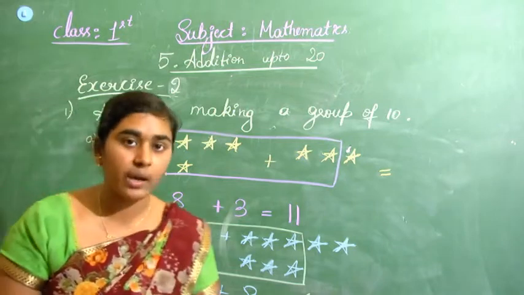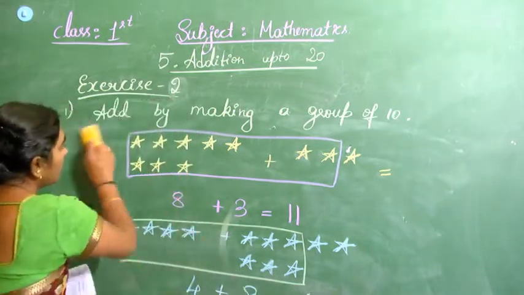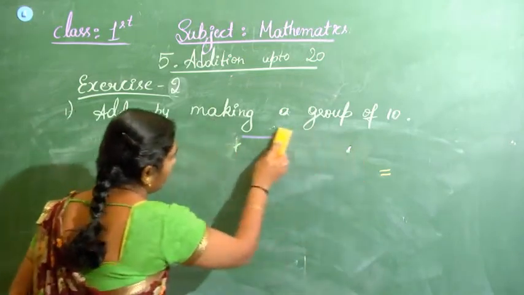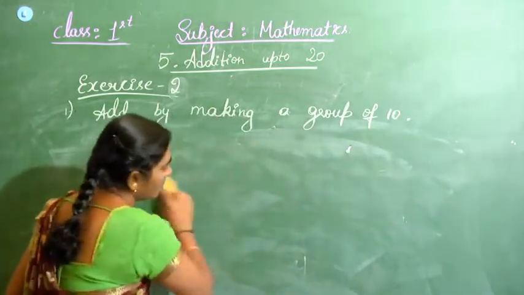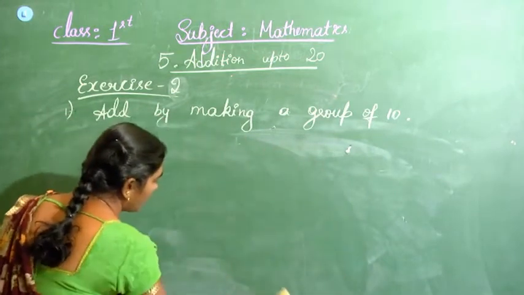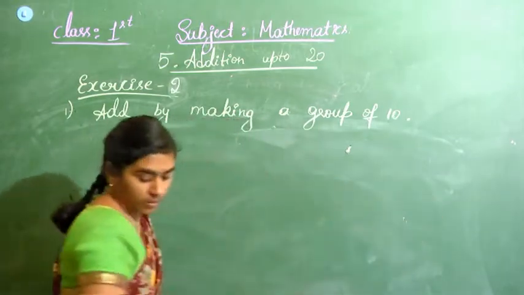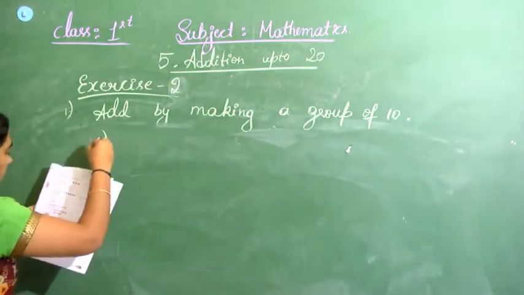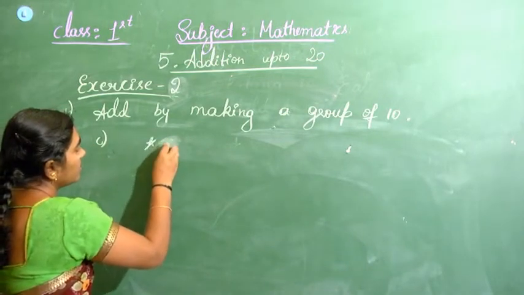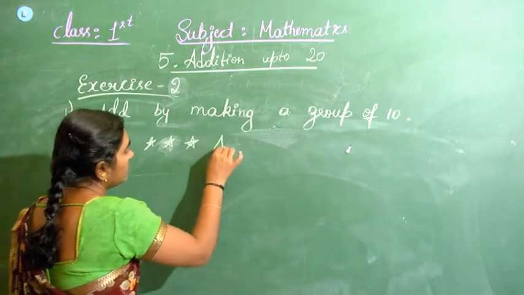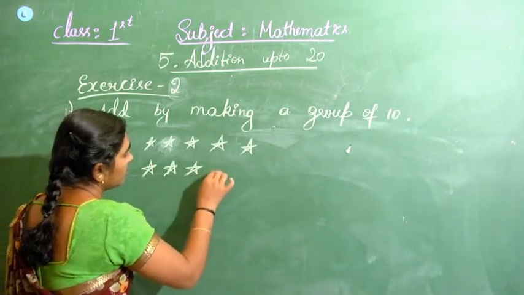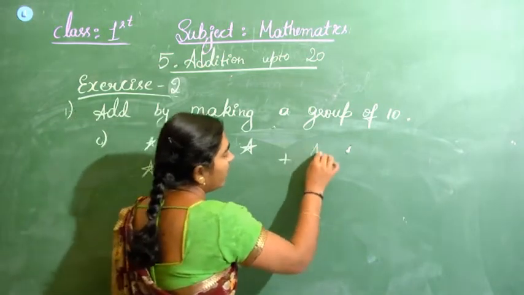Like this you need to make a bundle of that. We'll see next. We have this 9 plus 5. 9 stars, plus 5 stars.